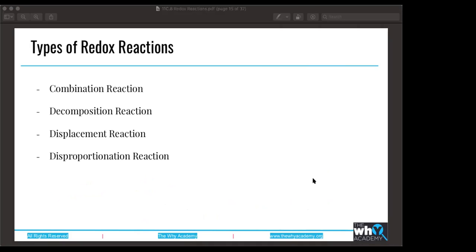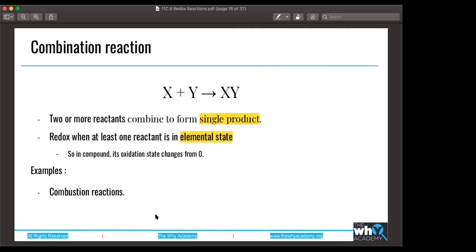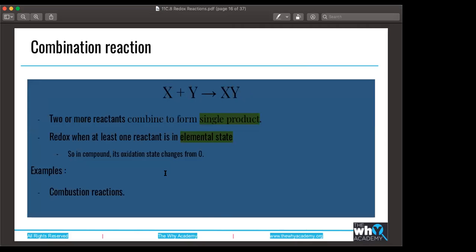Okay. All right. So these three reactions you guys are familiar with, if you remember: combination, decomposition, and displacement. It's only the disproportionation reaction that's new. So combination reaction, as we all know, two reactants combine to form a single product.